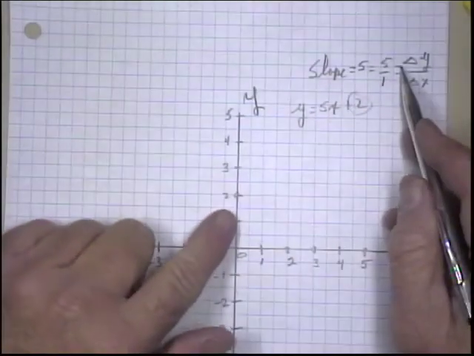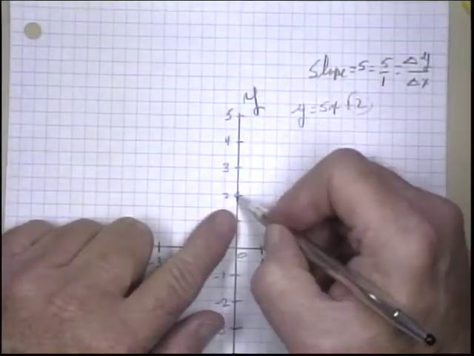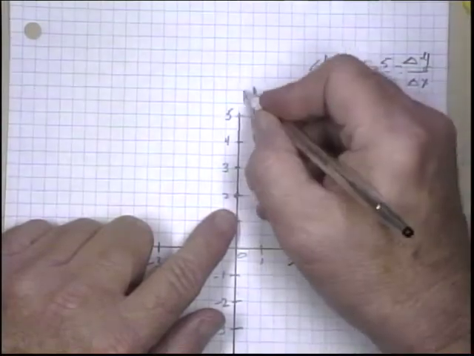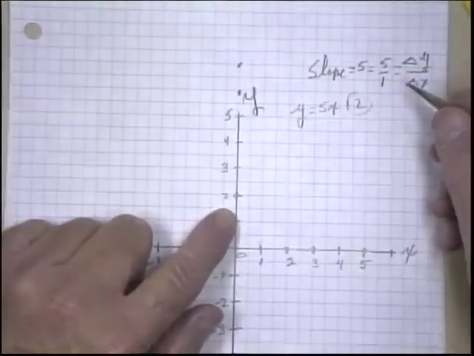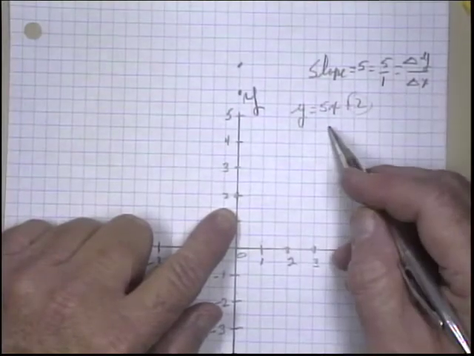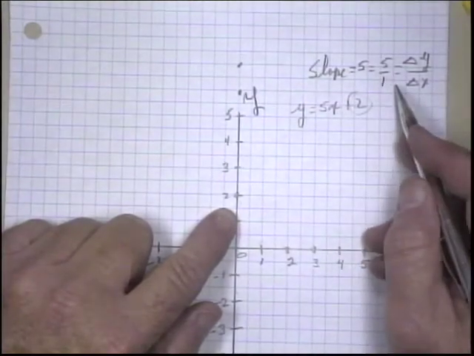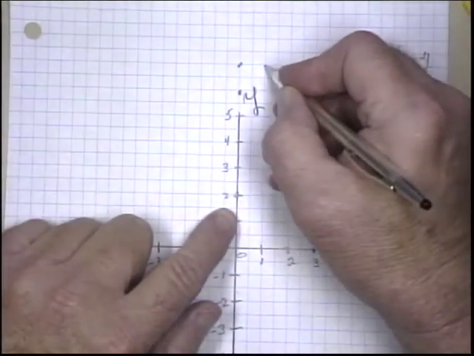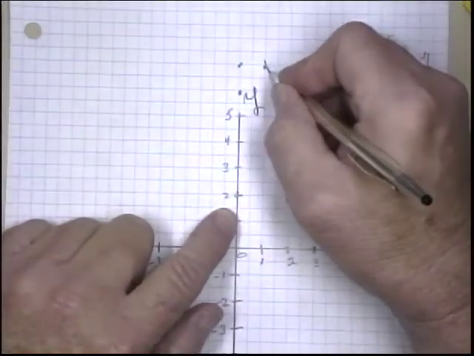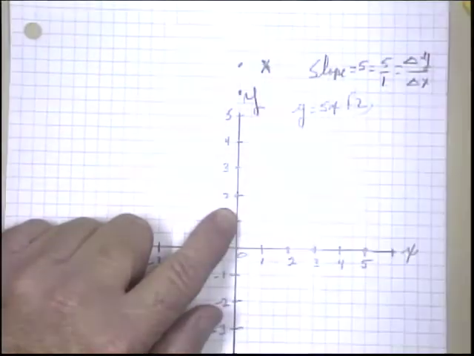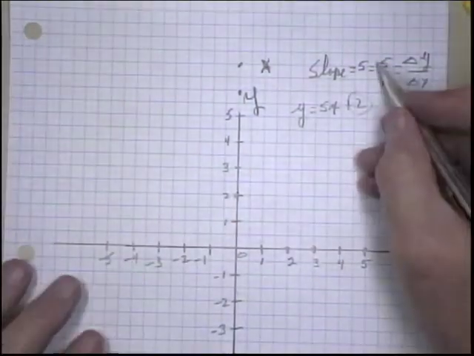Our slope is 5 over 1, so we go up 5, 1, 2, 3, 4, 5, and we go over 1 in the x, so that would be right here. This is our point. Or we could go negative and negative.